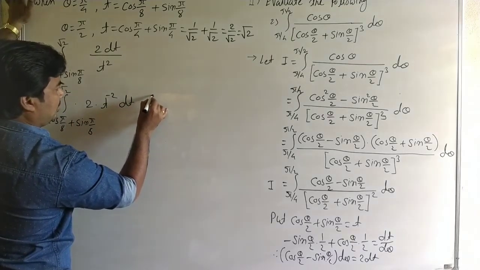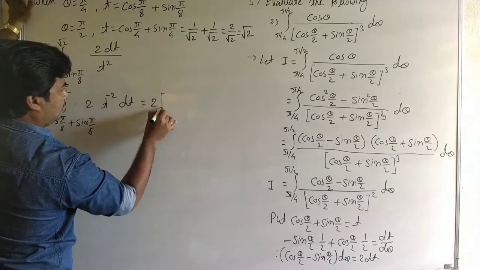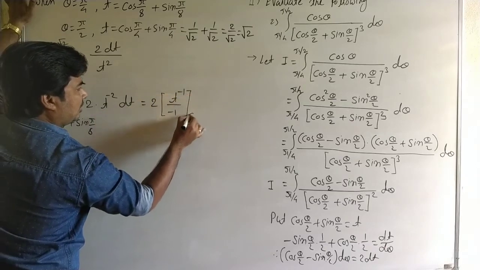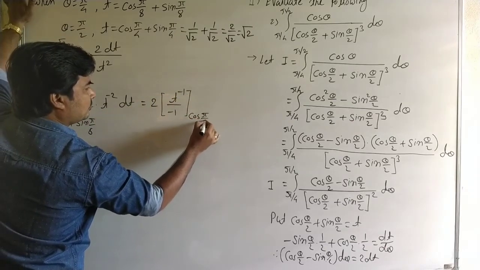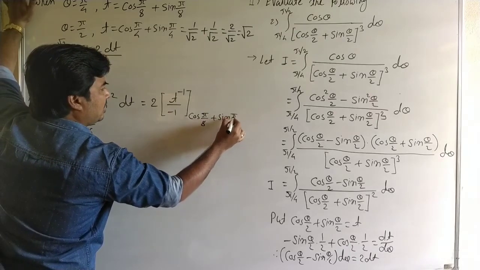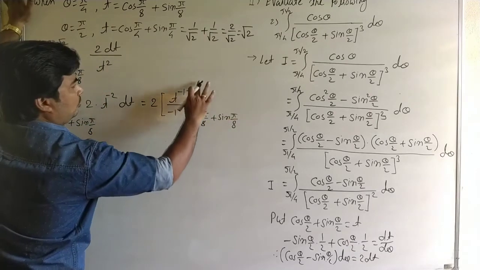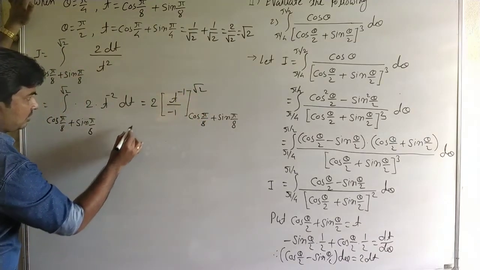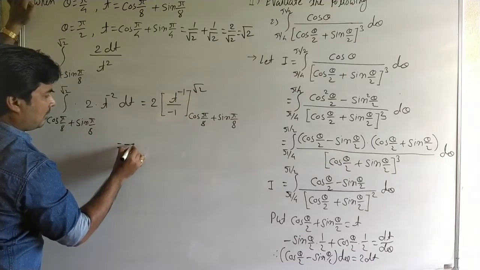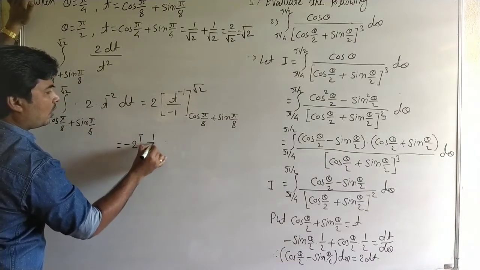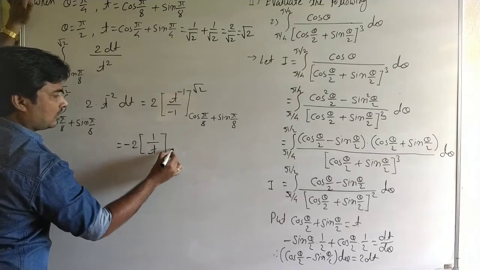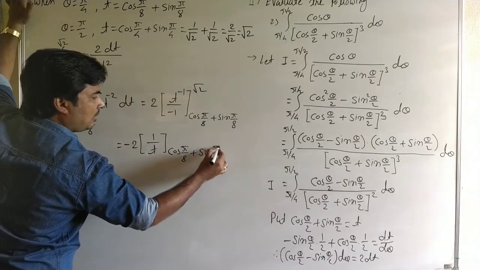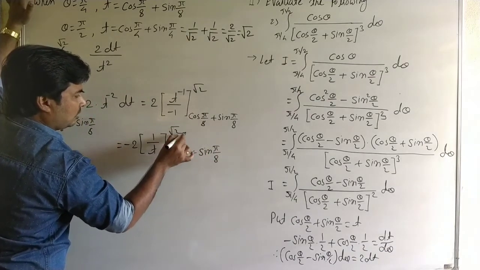Okay, see carefully, it is 2 as it is, t to the power minus 1 upon minus 1, and limit is cos pi by 8 plus sin pi by 8 as lower limit, to root 2. Okay, and then this can be written as minus 2 into 1 by t, cos pi by 8 plus sin pi by 8 to root 2, lower limit and upper limit.